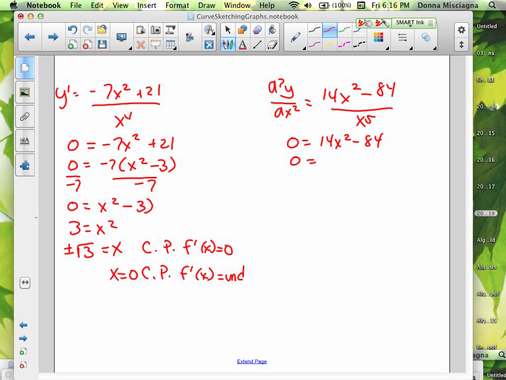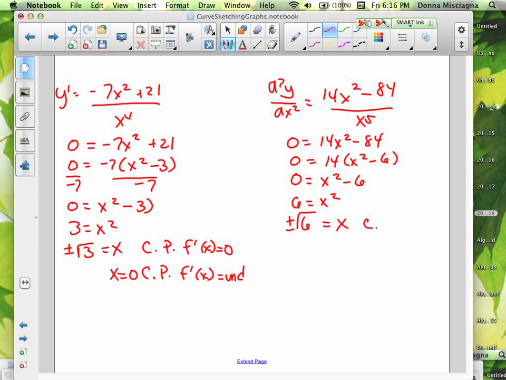Factor out the 14: x squared minus 6, since 84 divided by 14 is 6. So 0 equals x squared minus 6, and that means 6 is x squared, and that means plus or minus the square root of 6 is x. So there we have 2 more critical points.